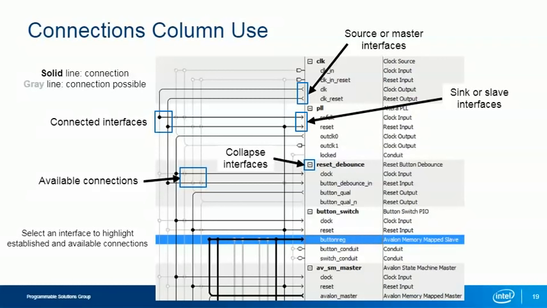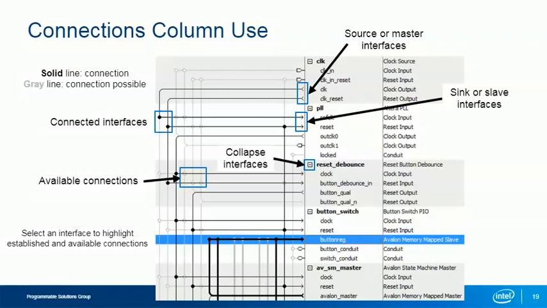The Connections column graphically illustrates existing connections and the connections that are possible between component interfaces. A black dot indicates that two interfaces are connected. An open gray dot indicates the interfaces are not connected, but can be connected by simply clicking on the dot.